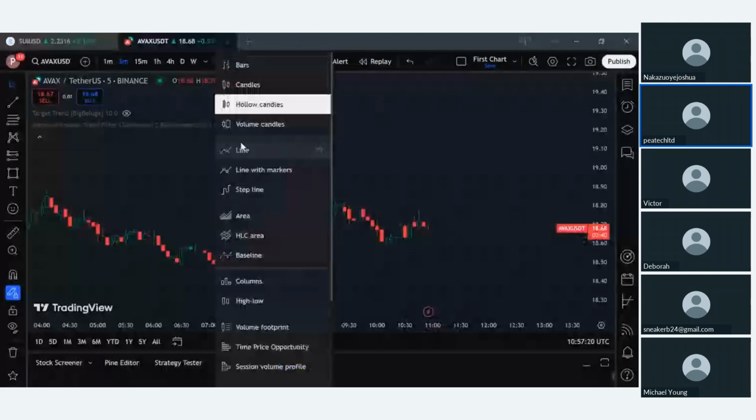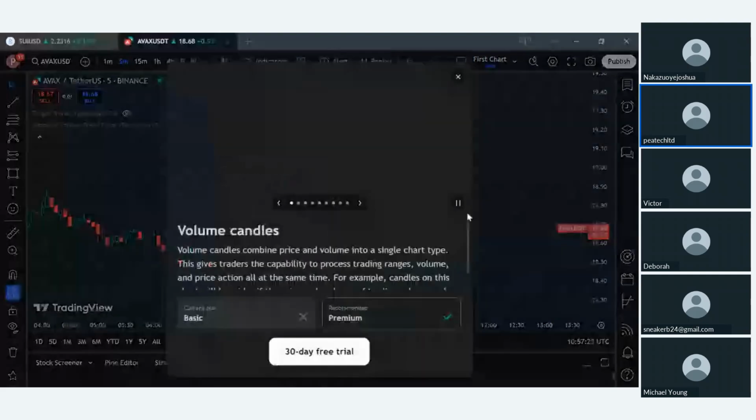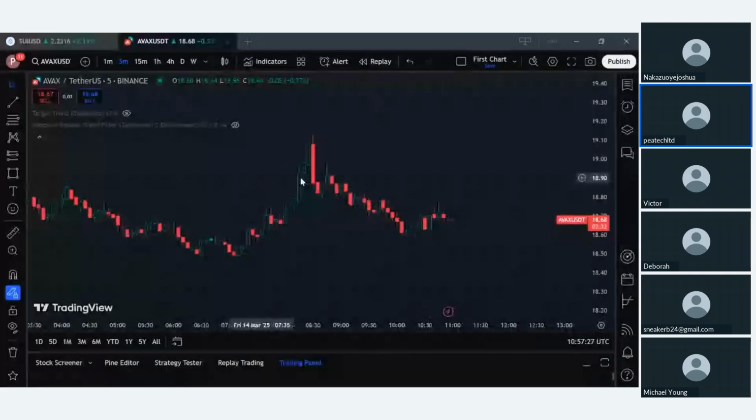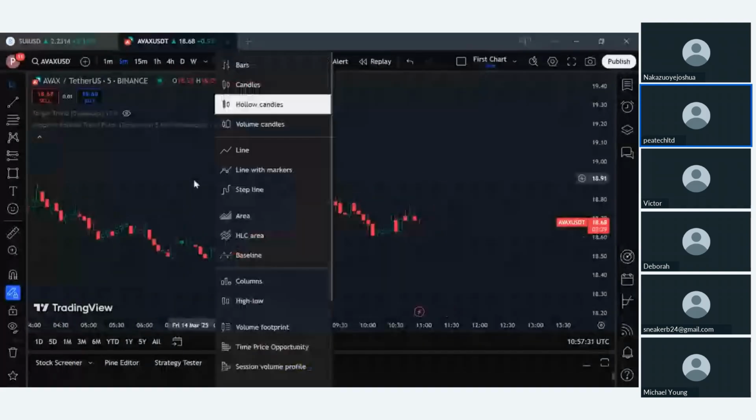If I go for volume candlestick, they said I have to pay first. So we have different forms of candlestick. We even have the area chart, which will give you something like this.